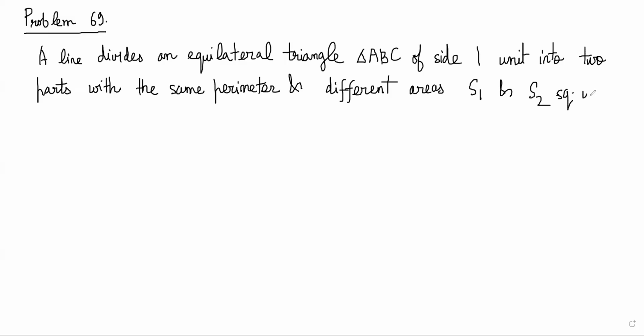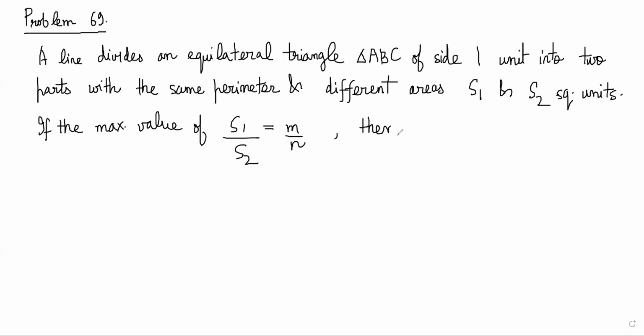S1 and S2 are in square units, obviously. Now, the question is saying if the maximum value of S1 by S2 is equal to m by n, then we have to find the modulus of m minus n.